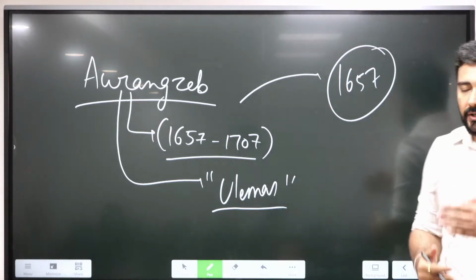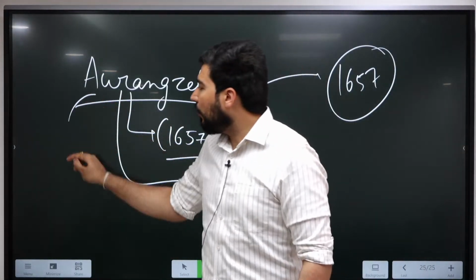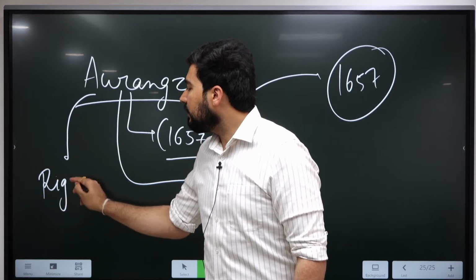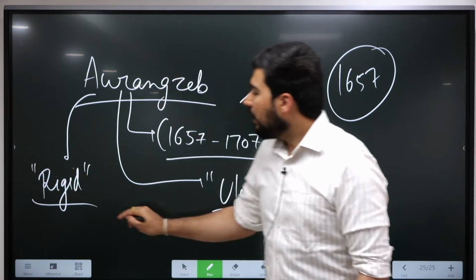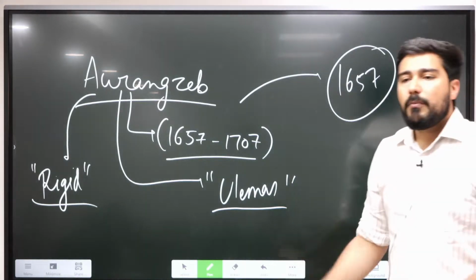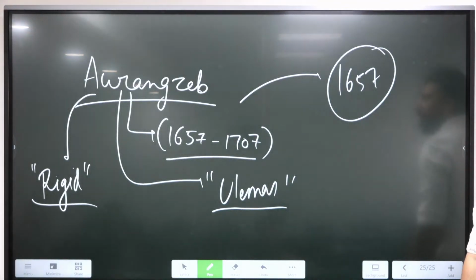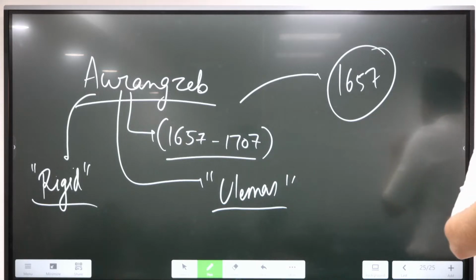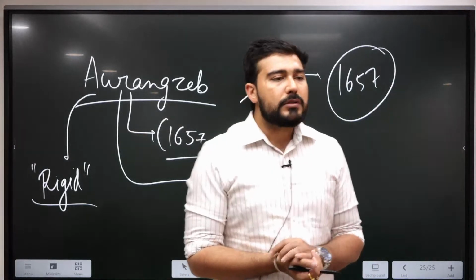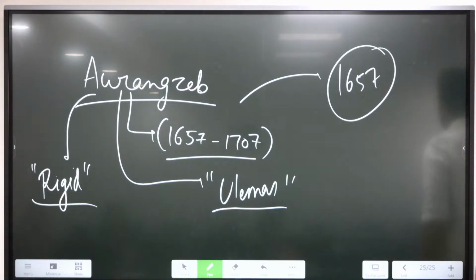The manner in which he came to power with the support of the religious class, now to appease them, he had to follow some rigid religious policies, which included destruction of new temples, destruction of old temples, banning of the public processions of the Hindus at the time of the celebration of Holi, Diwali, etc. So the major religious policy of Aurangzeb narrowed down the base of the Mughals. Mughals, who were known for broad-mindedness, now became narrow in nature, and he was responsible for that.